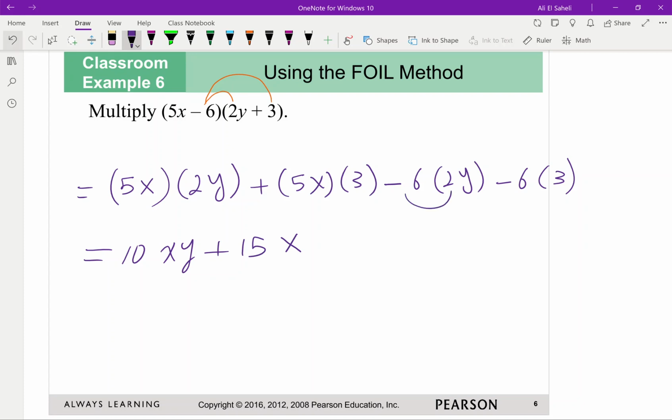Minus 6 times 2 is minus 12, and there is a y. Minus 6 times 3 is minus 18.